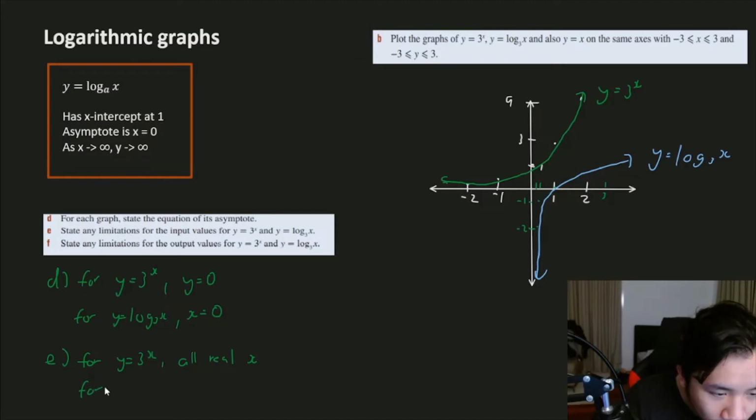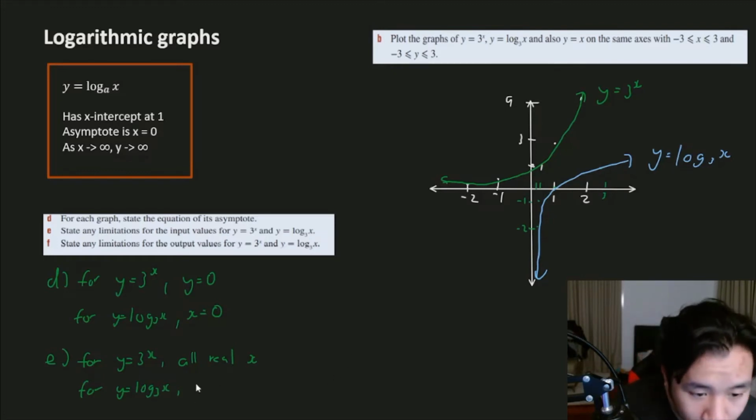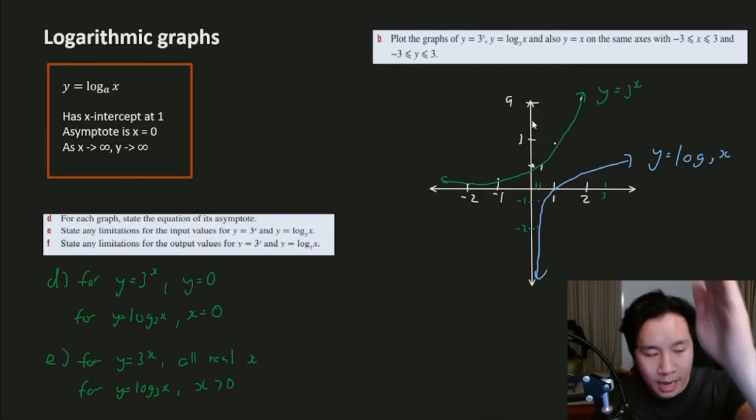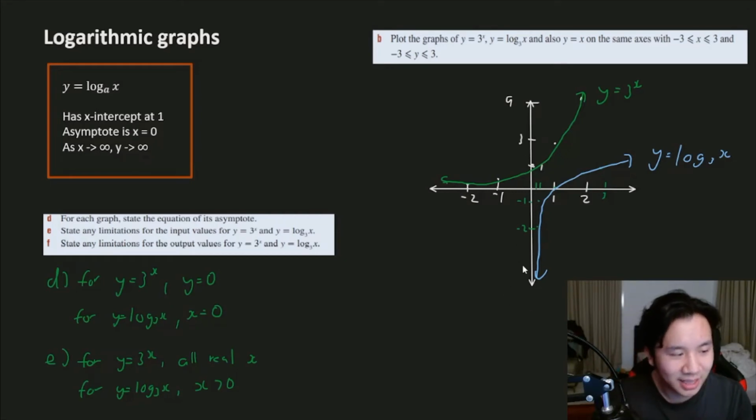For y equals log_3 x, the input values are different because they can't be all real x. It only covers half of it, and specifically x greater than 0. The asymptote is at x equals 0, so it can never be at x equals 0. It always has to be greater than 0 for x.